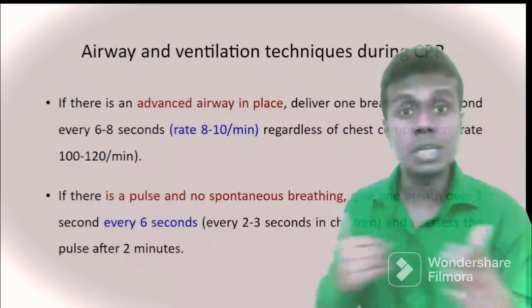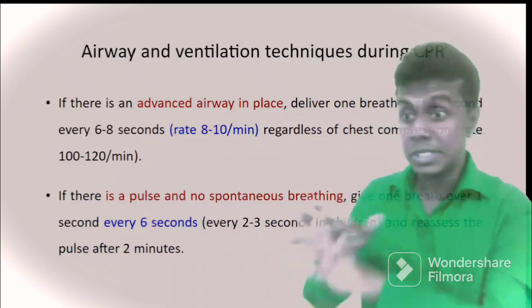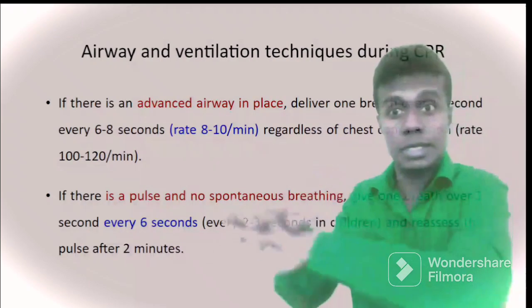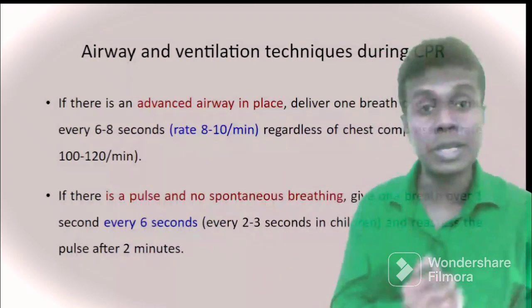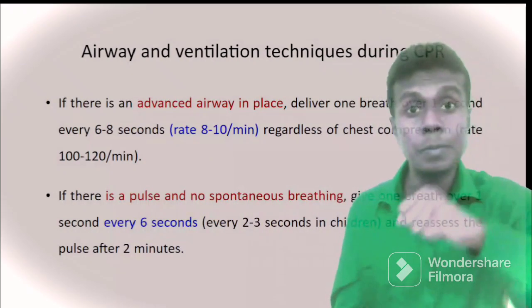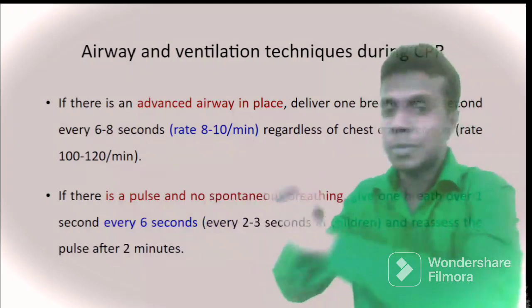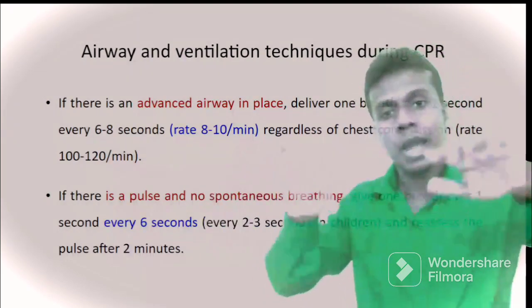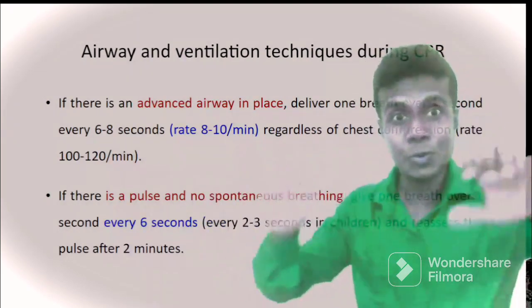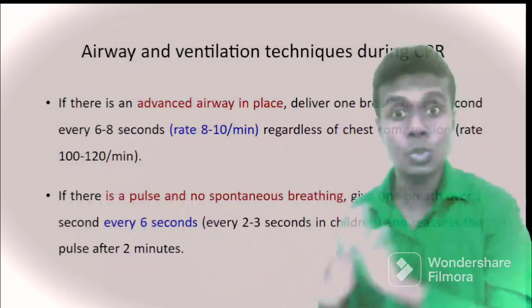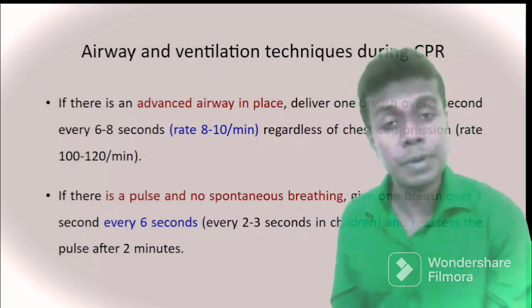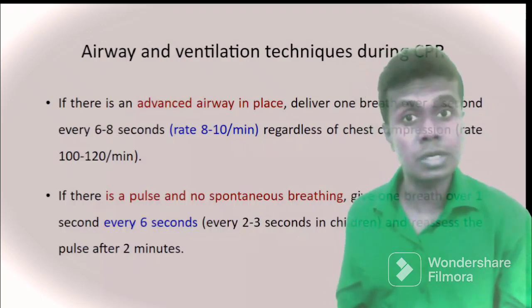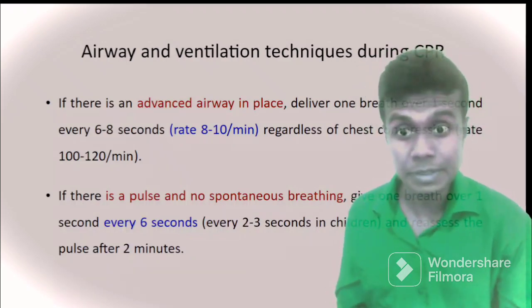There is no correlation between the two now. Initially 30 compressions, stop, 2 breaths, and so on. Once your airway is in place, chest compression goes continuously while I'm ventilating. I can't do the two simultaneously, but both should go simultaneously. Respiratory rate 10 per minute and chest compression 100 to 120 per minute.